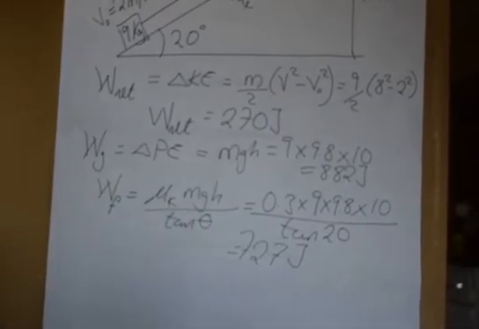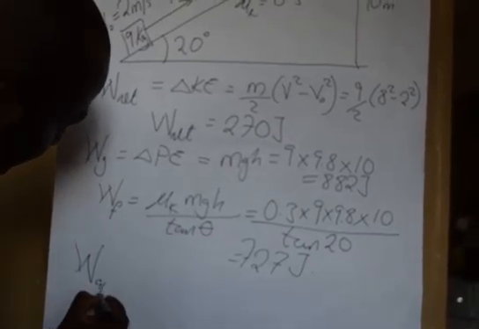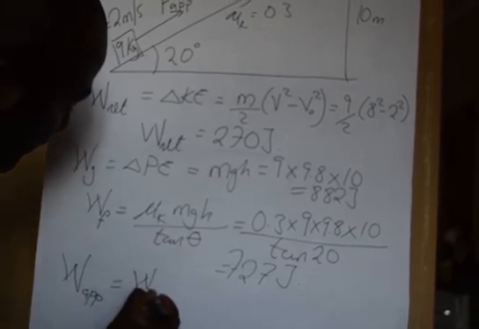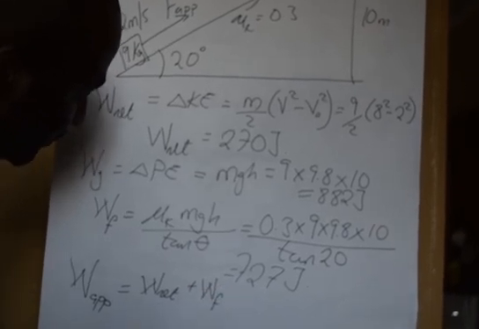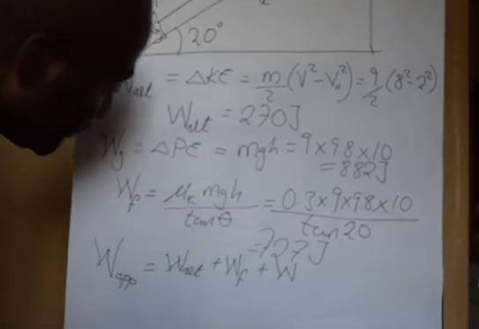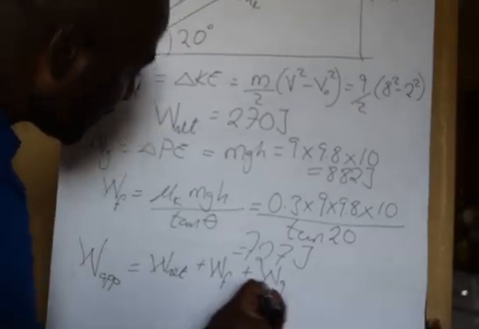So to get the work by the applied force, you will simply add them. Work by applied force WF plus work to overcome gravity.